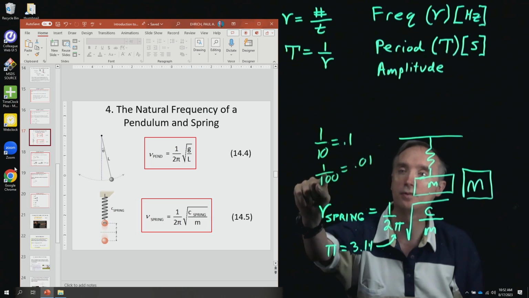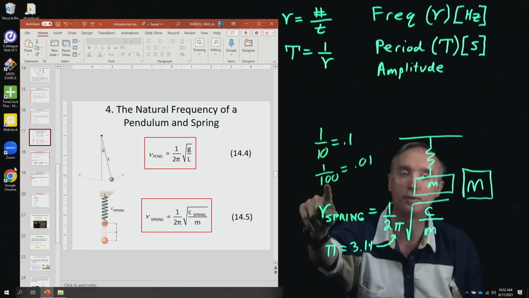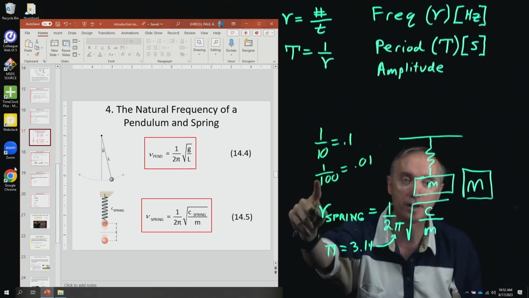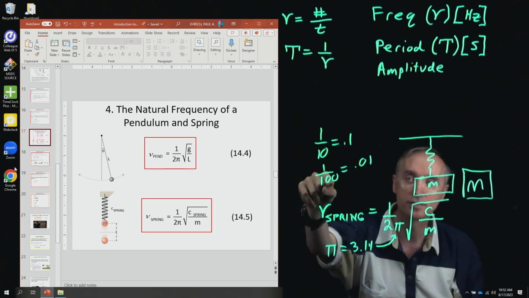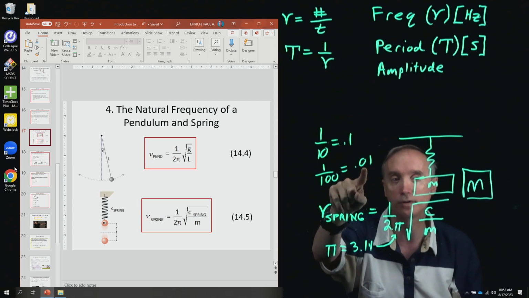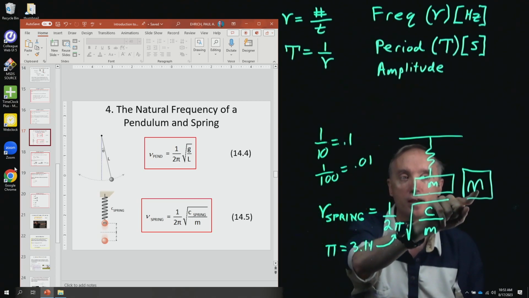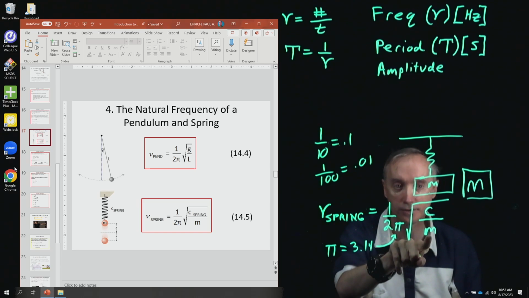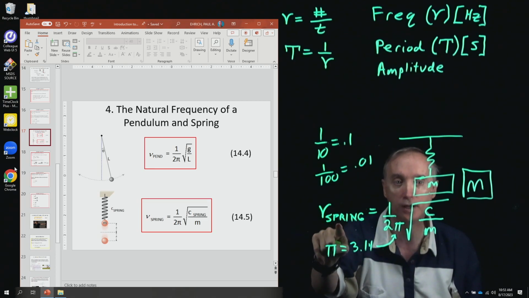So notice that the bigger the number that you put in the bottom part of a fraction, the denominator, so this is the numerator on the top, denominator on the bottom, D for down, D for denominator, as this number gets bigger, this number gets smaller. So if I used a larger mass, and mass is in the bottom part of this fraction, then what will come out will get smaller.